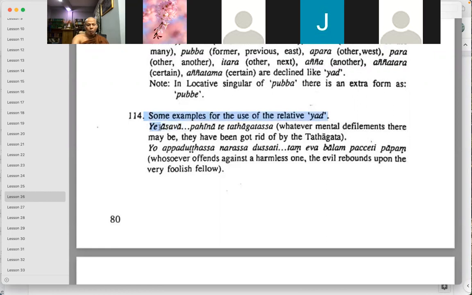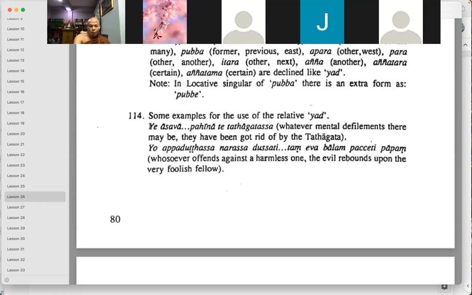That ya, ye also, modifying the te in the relative pronoun. So even though ya and ta can be different gender and different case, the ya clause modifies the ta. The ya clause modifies the ta, even though they are different in gender.